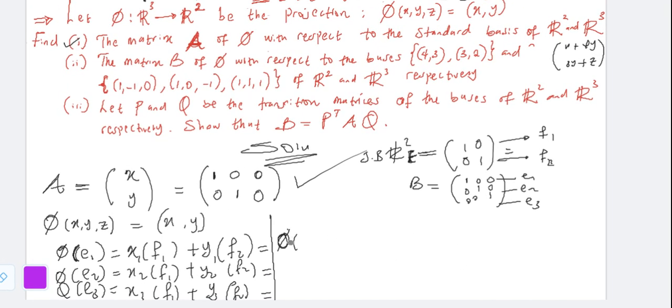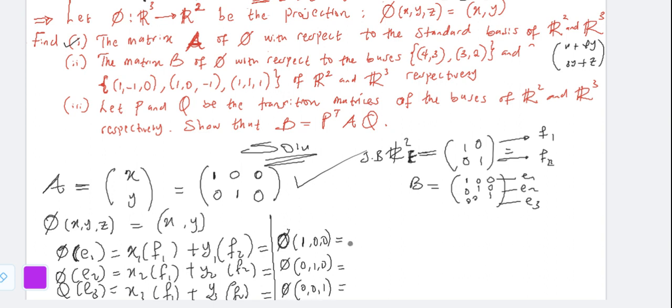This E1 here is for 3 by 3, for a three-dimensional vector space. See my E1 here. E1 is already 1, comma 0, comma 0, and then what's my E2? 0, 1, 0. What's my E3? 0, 0, 1 in that case.